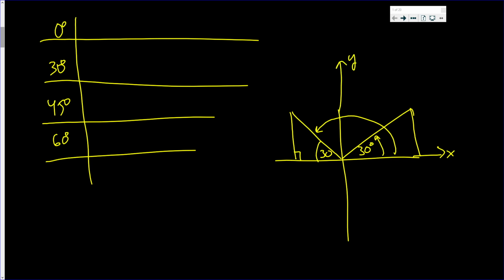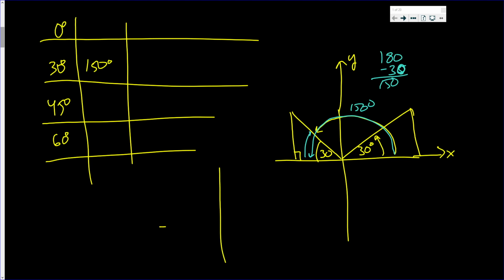Well, there's some things you just have to know in trigonometry. For example, you have to know that's 180. And you go, oops, I went a little bit further than I wanted. I went 30 further, so I have to go back 30, and you learn that that angle is 150. So a 150 degree angle also has a 30 degree reference angle.